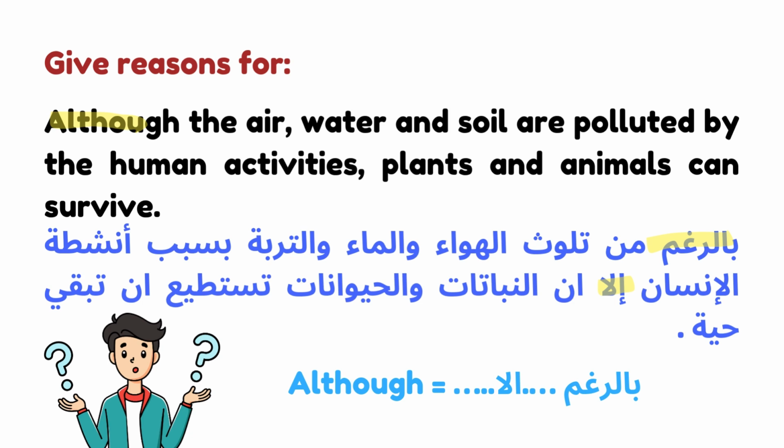Okay, we have here a question: give reasons for although the air, water and soil are polluted by the human activities, plants and animals can survive. So why can the plants and animals survive while there are some activities causing water, air and soil pollution?